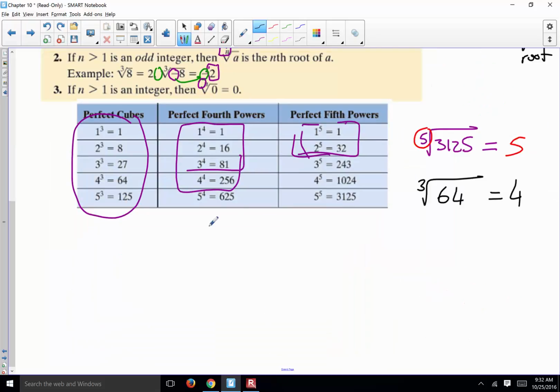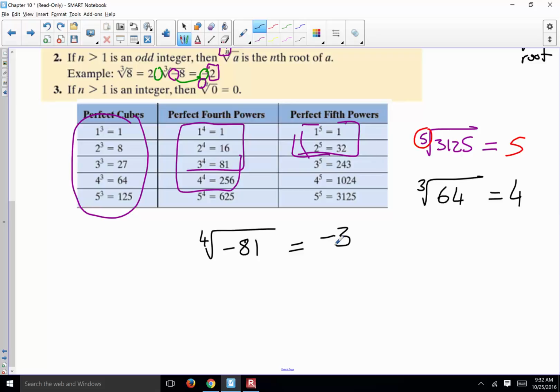Okay, this is fun. How about the 4th root of negative 81? What number multiplies itself 4 times to make 81? You guys are amazing. You're doing great. Agree?